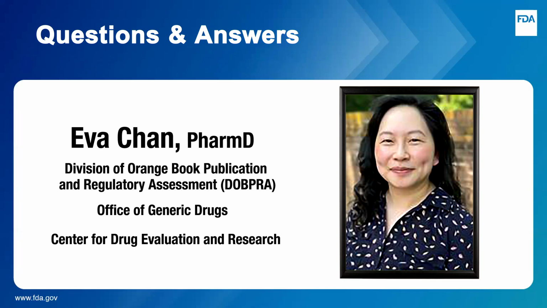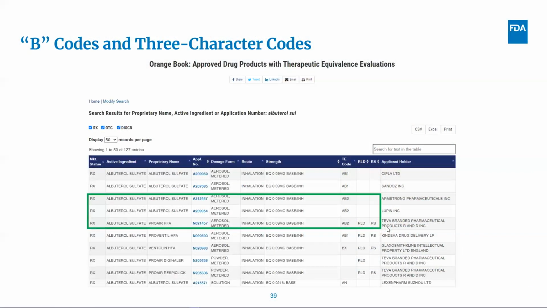The next question we have is, what are the circumstances where AB1, AB2, and AB3 ratings, etc., are assigned? Okay, on this slide that I mentioned before, you can see there are several RLDs right here in the middle that appear pharmaceutically equivalent. They have the same active ingredient, albuterol sulfate, the same dosage form, aerosol, metered, the same route, inhalation, and the same strength, EQ 0.9 milligram base per inhalation.